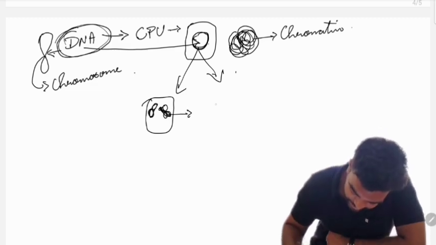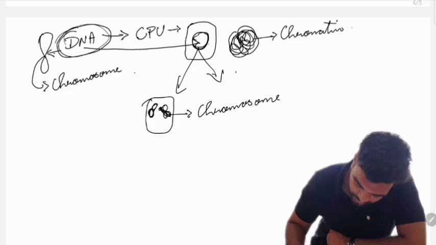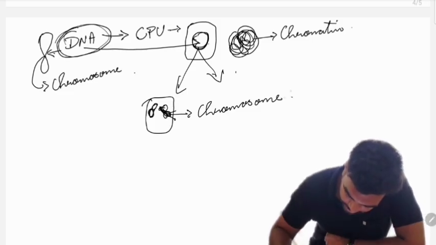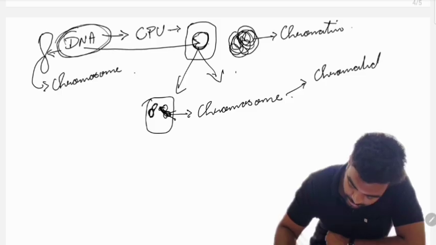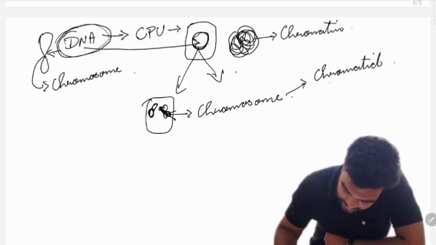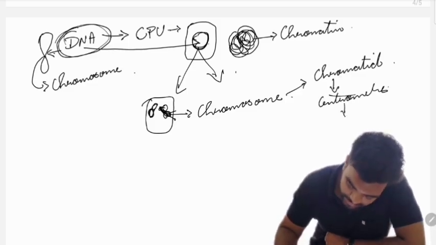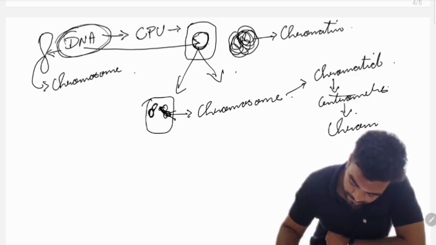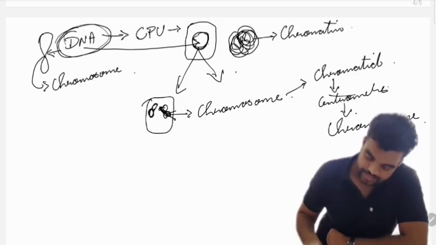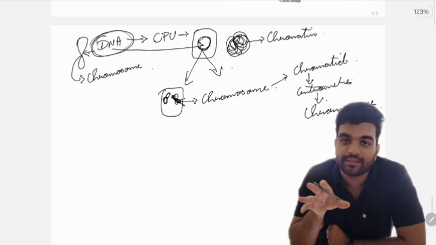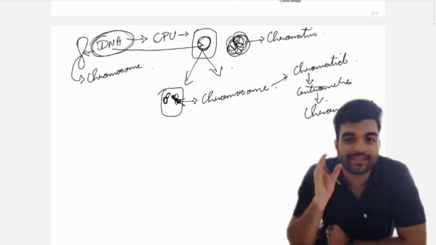This shape is known as chromosome. One arm of this chromosome is known as a chromatid, and two of these chromatids join at the centromere to form the chromosome. So this is all you need to learn: what is DNA, what is chromosome, where the nucleus is present.